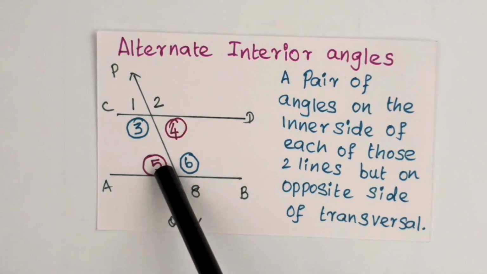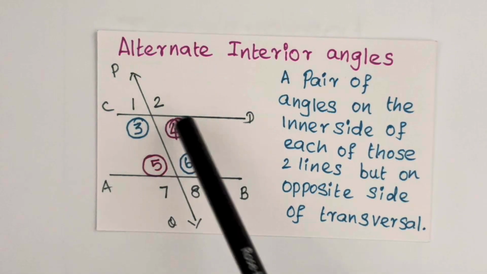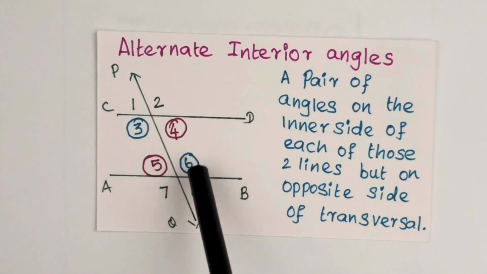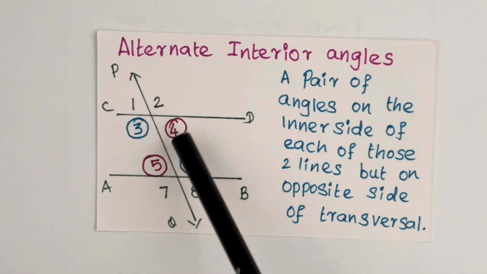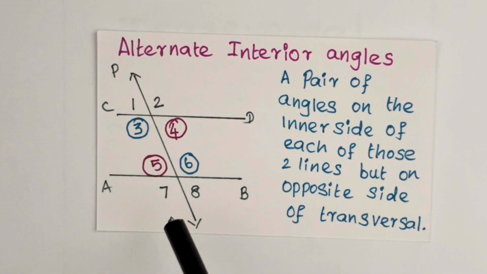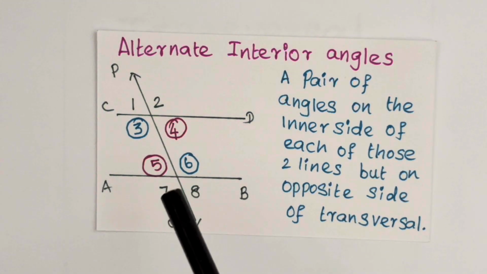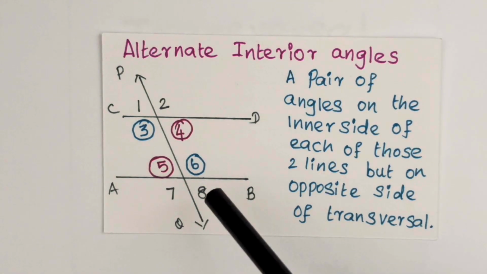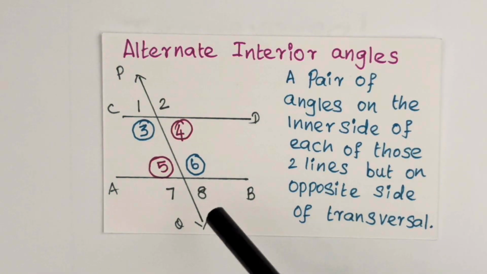So 3, 4, 5, 6, all 4 angles are interior angles, but 3 and 6 lie on opposite sides, and 4 and 5 also lie on opposite sides. So those pairs are alternate interior angles: interior angles on the opposite sides of the transversal.